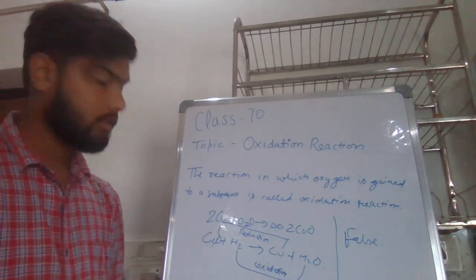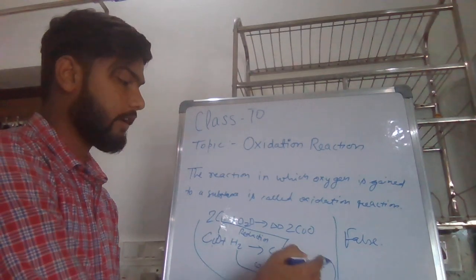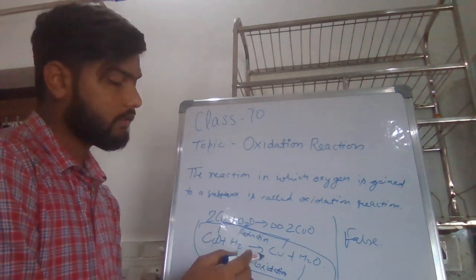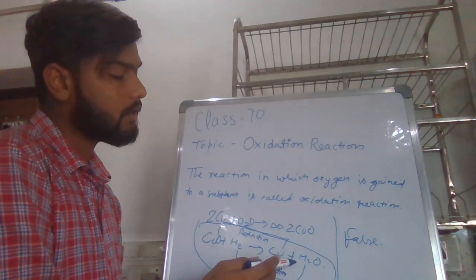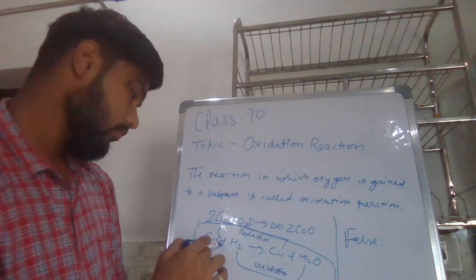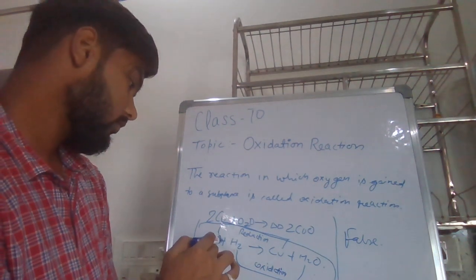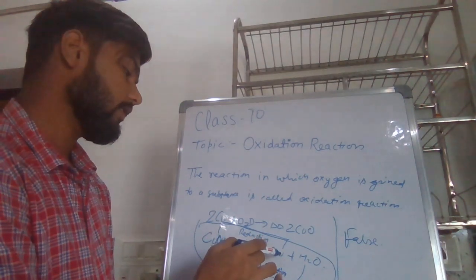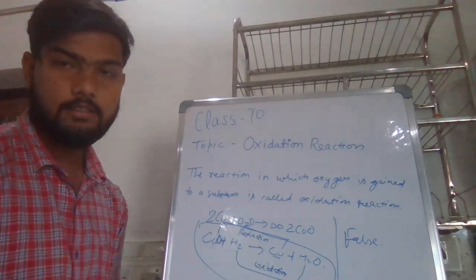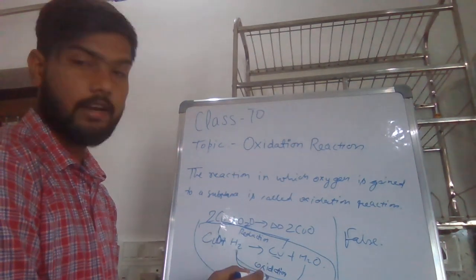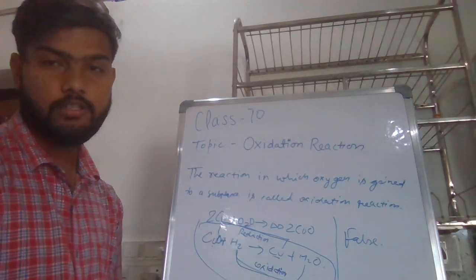For example, CuO plus H2 is converted into Cu plus H2O. We can see that CuO is reduced to Cu, and H2 is oxidized.